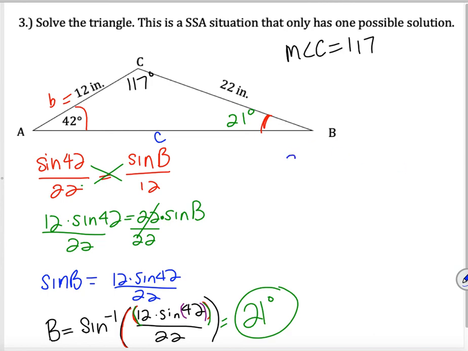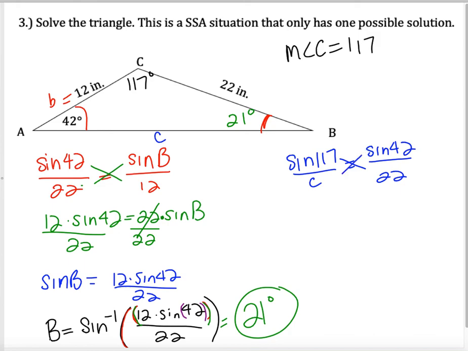So you could do the sine of 117 divided by C equals. Now again, we found this 21. I'm going to go back and I'm going to use my sine of 42 over 22. Use those numbers that were given to you. And this is again finding the side length.